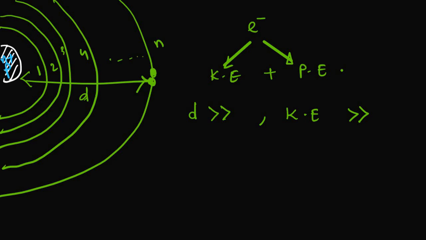That's why the electron in the second orbit possesses more energy than the electron in the first one, because the first electron will be tightly bound to the nucleus because the distance is less, but the electron in the nth orbit will be very loosely connected to the nucleus because of the distance.